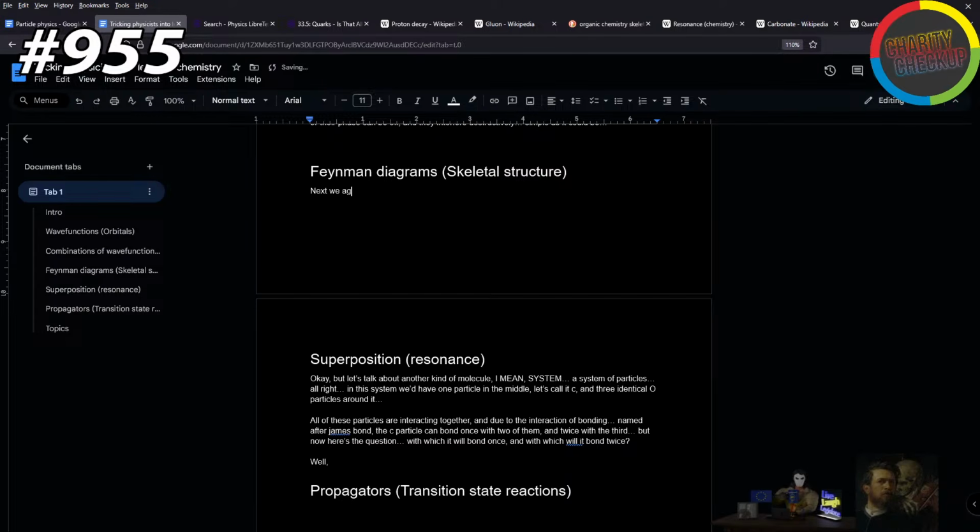Next we have the skeletal structure of organic molecules. Feynman diagrams! This is such a comical stretch. There's a quantum uncertainty that borrows energy from the vacuum for a second.